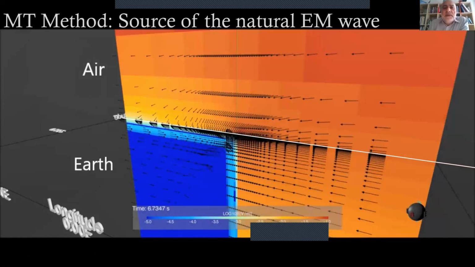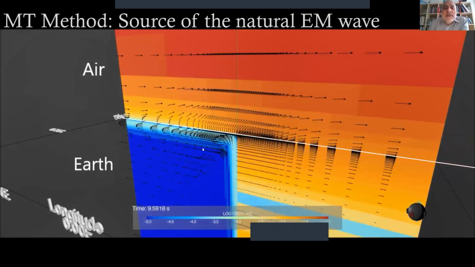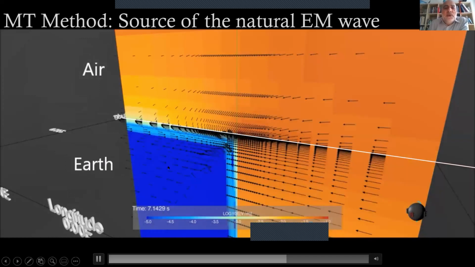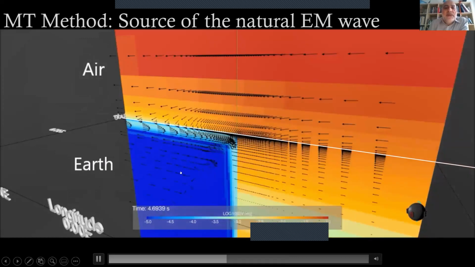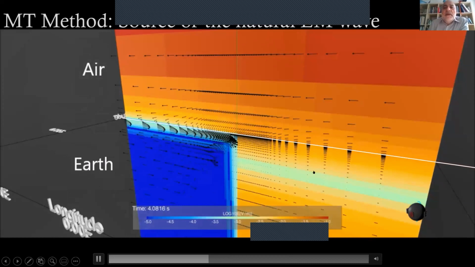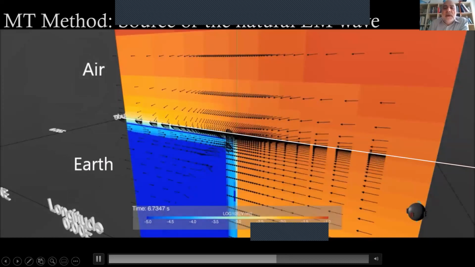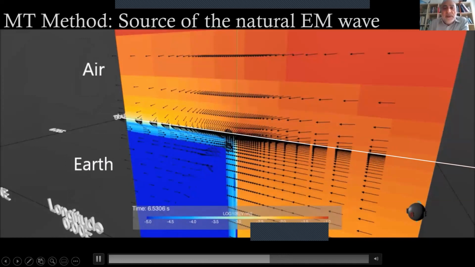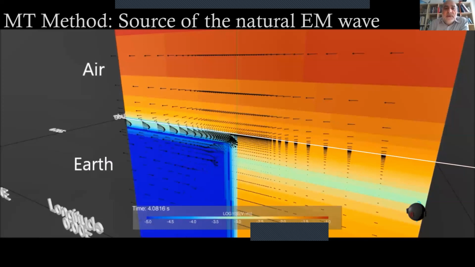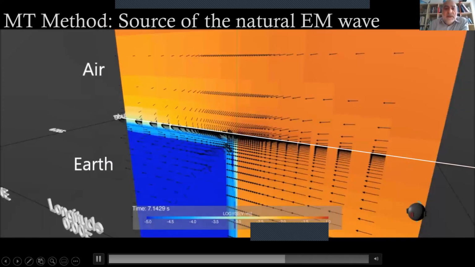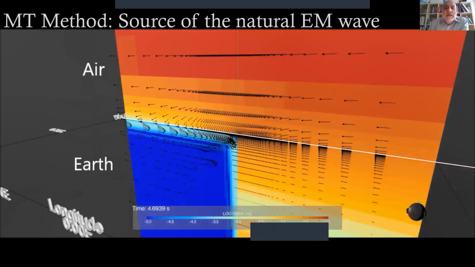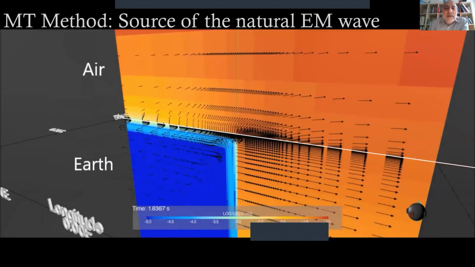In this very simple animation, we have a conductive material to the left, with the blue colors, and resistive material to the right, with orange to red colors. For a given period, here 10 seconds, this EM wave is penetrating the subsurface.